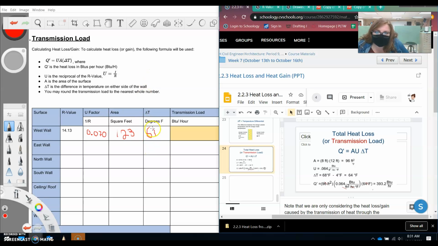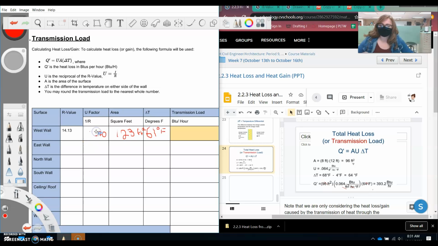If I were to go back in and throw in my units, that's delta T, square footage is feet squared, and then the U factor. Let's just go over it in white.